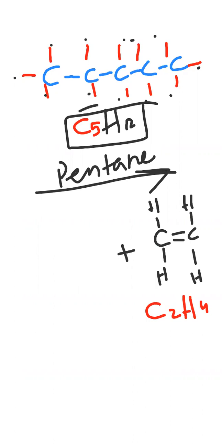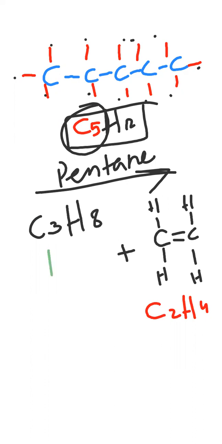There were 5 carbon, so only 3 are left, because I have already removed 2 carbon when I was making ethene. And for the ethene, I have removed 4 hydrogens. So 12 minus 4 will give you 8. Let's try to draw it. It should be alkane. Okay, 3 carbon. 1, 2, 3.